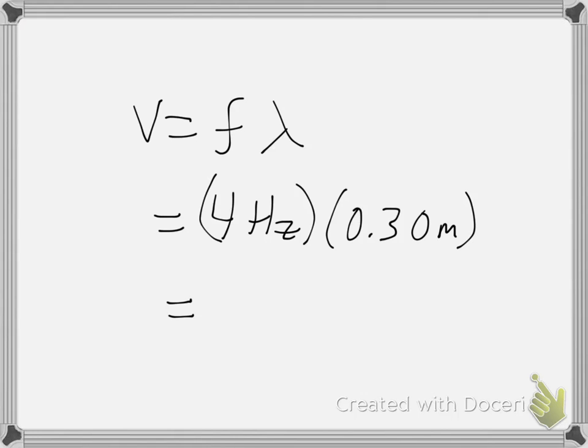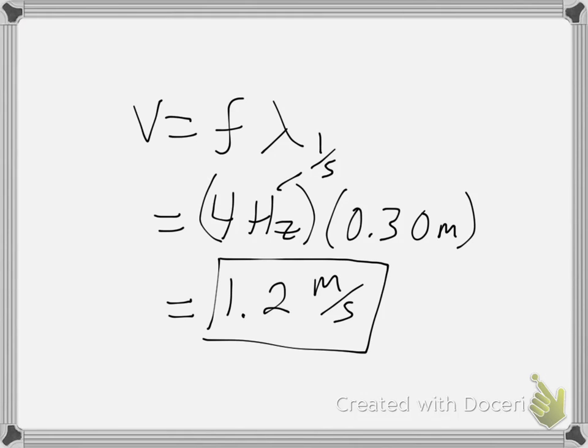That gives us an answer of 1.2 meters per second. Remember that hertz is 1 over seconds, so I multiply meters by 1 over seconds and get meters over seconds, which is a unit of velocity, and that is my final answer.